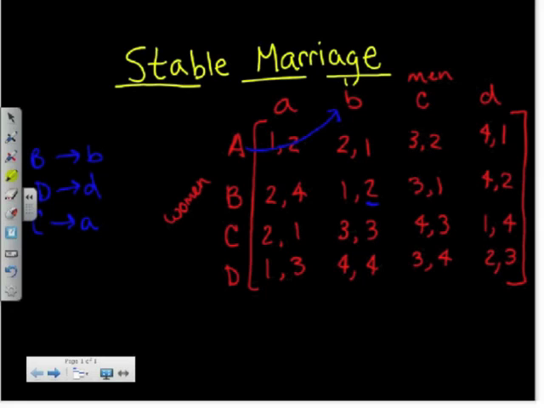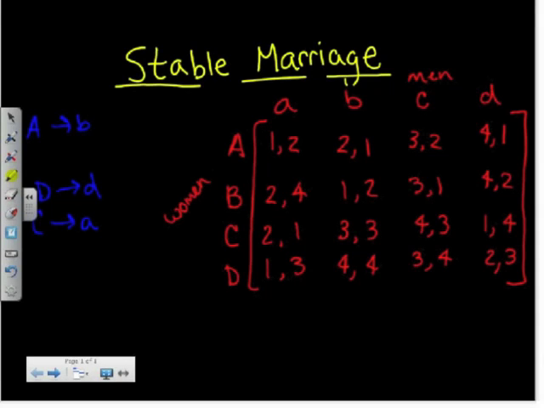He ranked B as 2 and A as 1, so he's going to break his engagement and become engaged to A. Okay, so we're going to take note of that. Now A is engaged to b, and we get rid of this one.